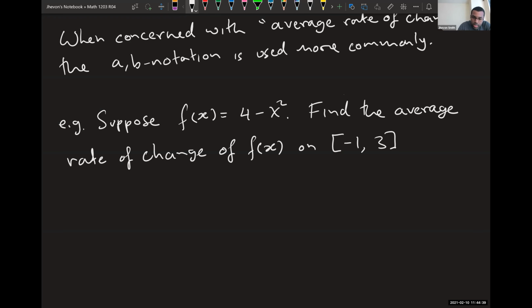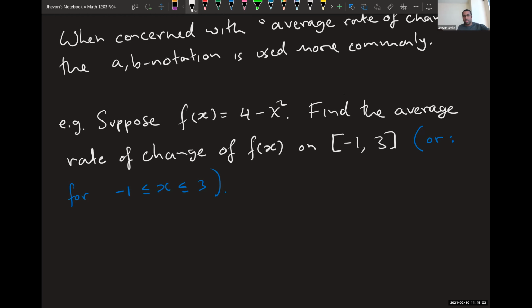I could also have said negative 1 less than or equal to x less than or equal to 3. So I could use interval notation or inequality notation, it means the same thing. Don't get confused. Okay, so that's the problem.